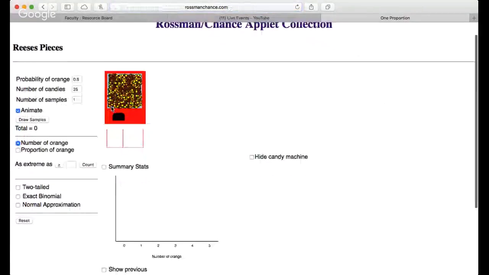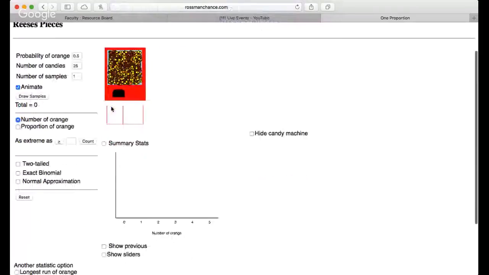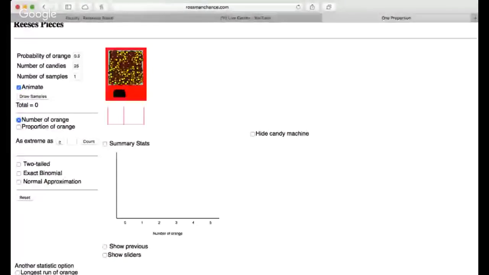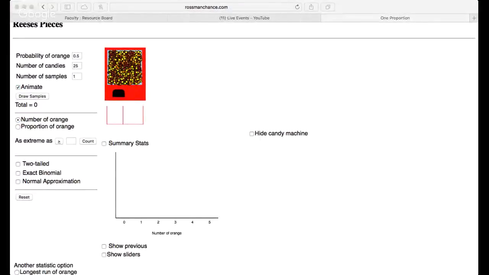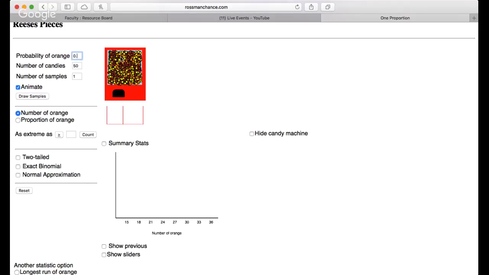But you should see something that looks like this, where we're going to find the number of oranges. Did it say how many pieces were orange? So we're going to set this up. We're going to take one sample just so we see it here. 50 is the number of candies, 0.4 is the proportion. And we're just going to animate this once.